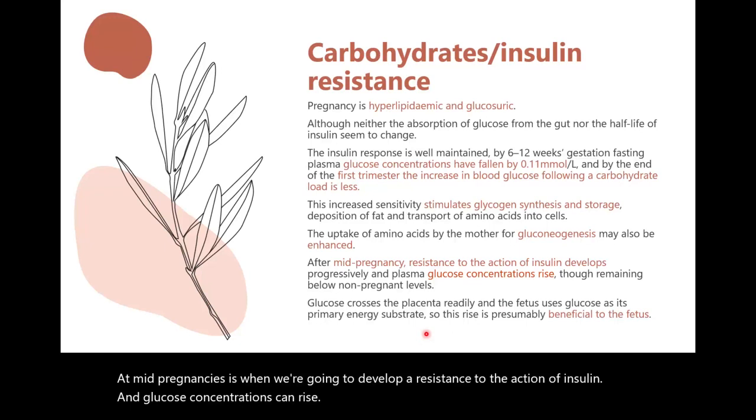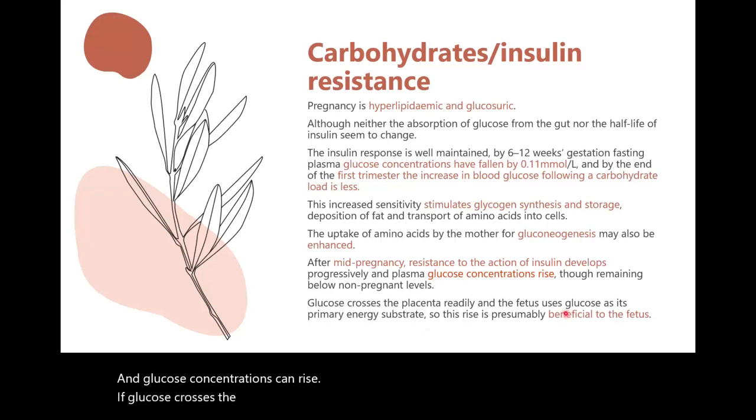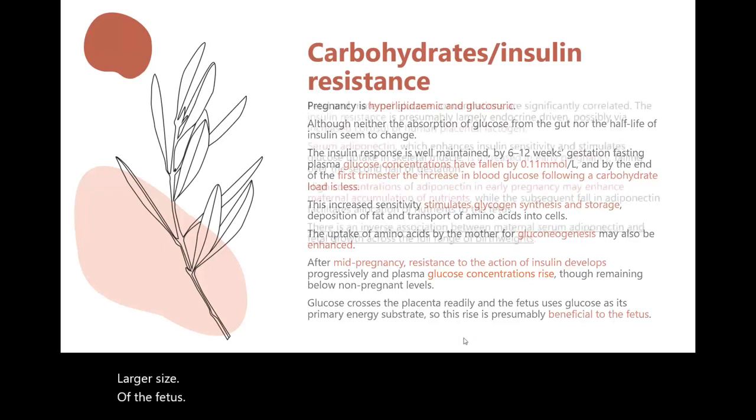If glucose crosses the placenta and gets to the fetus, that will be beneficial. But if that concentration is more than normal, we are going to expect larger size of the fetus and overweight.